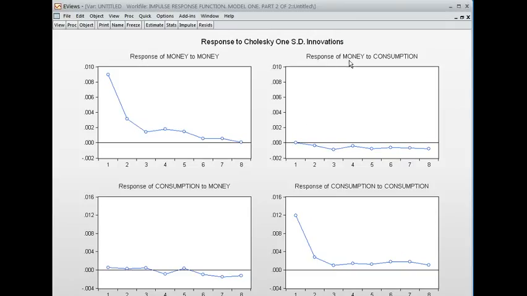Okay, but here response of money to consumption, meaning that if I give one standard deviation positive shock to consumption, money supply will go down. You can see from here. Money supply will go down, you see.